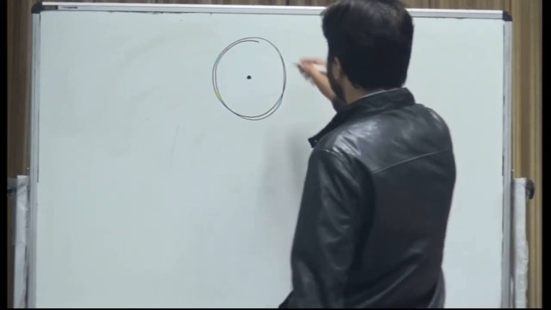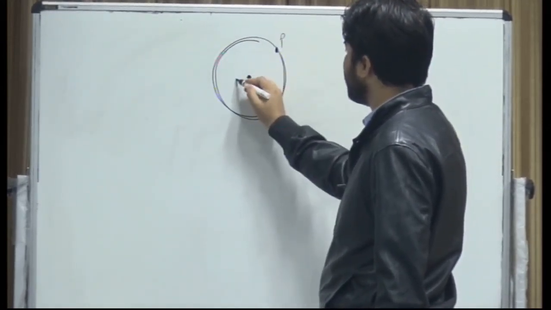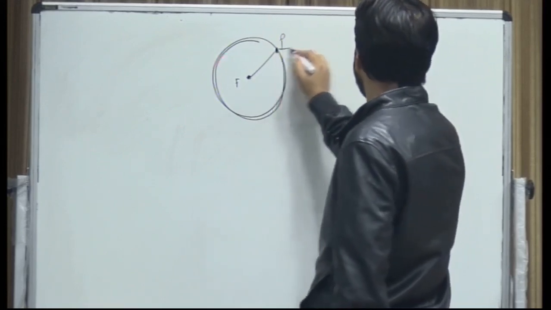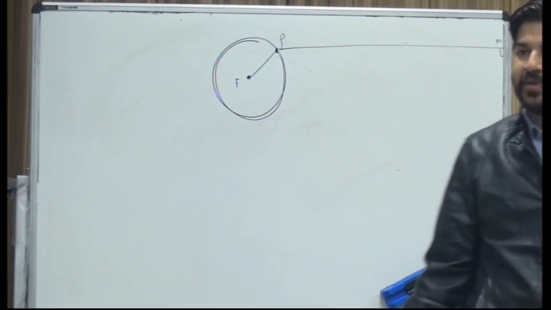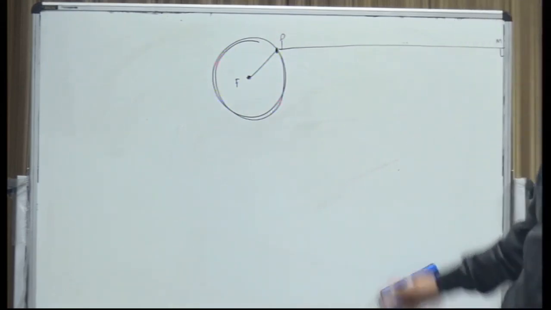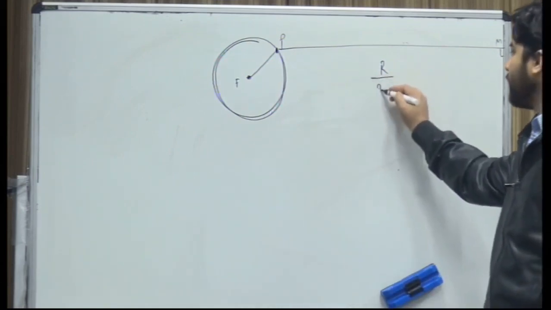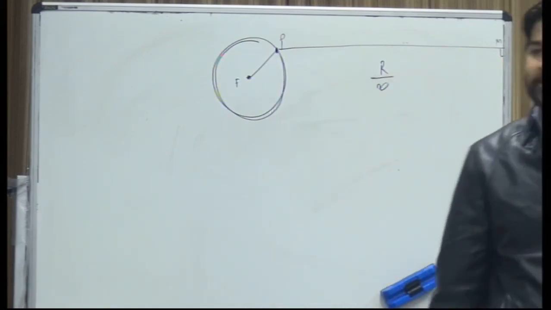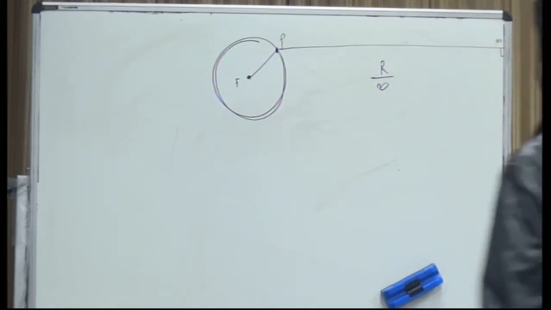And the moving point is lying on the curve. So you say P, you call it F, PF upon PM. PF is a fixed length, that is radius, and PM is infinity. So what happens when I say R upon infinity?